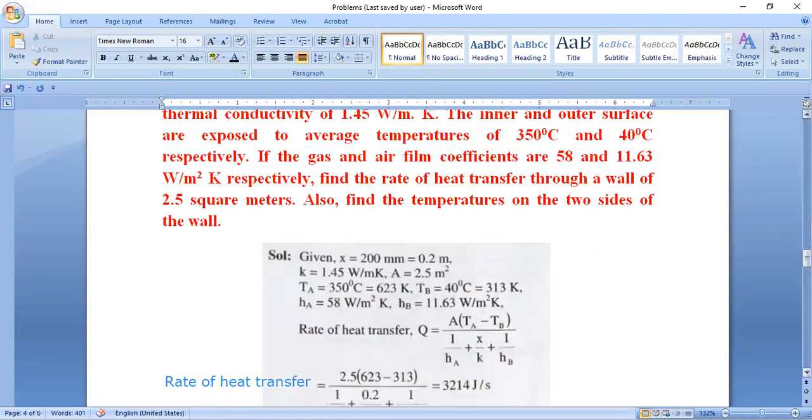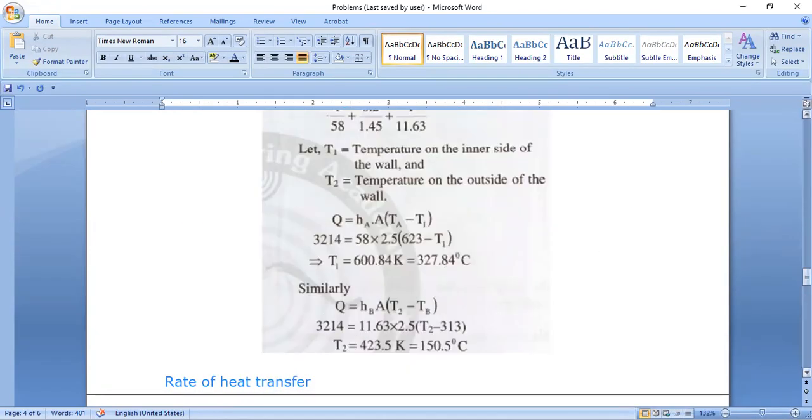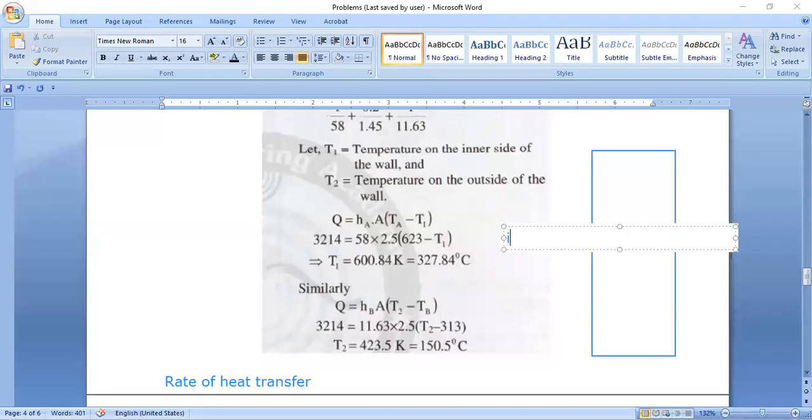See, in transfer of heat there are two sides. One will be inner side, another one will be outer side. See here, this is the inner side. This is the outer side.